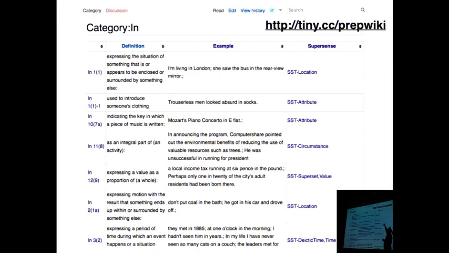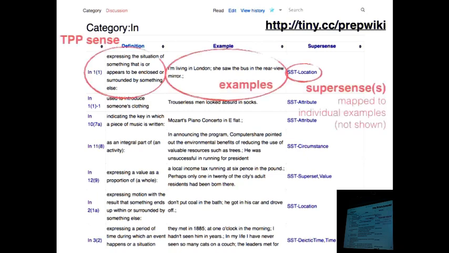The examples are labeled with the supersense categories. If you see a use of in, there will be a drop-down box for the categories that are documented within, and then the annotator would choose the sentence that is most similar as a guide.